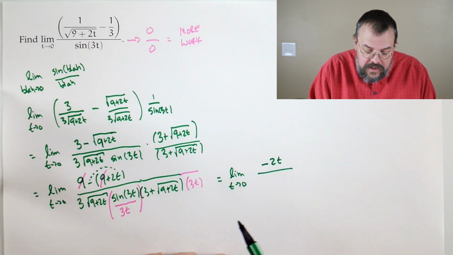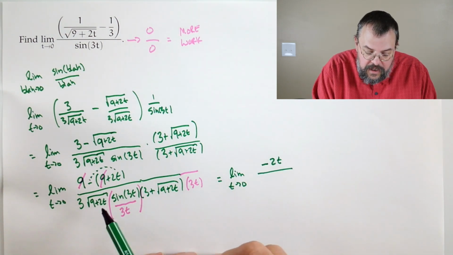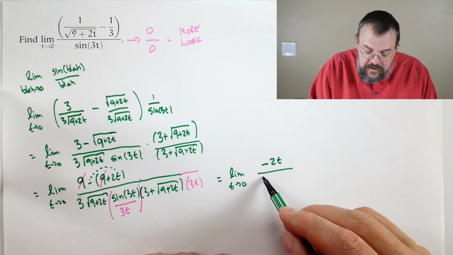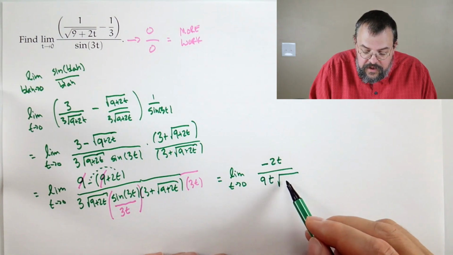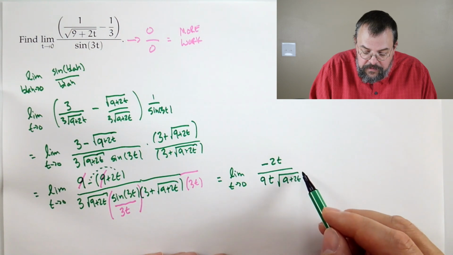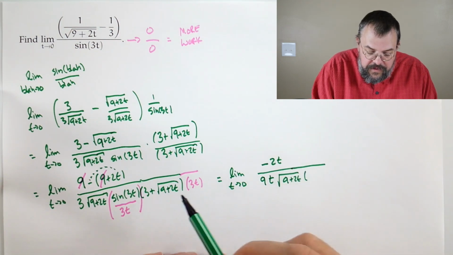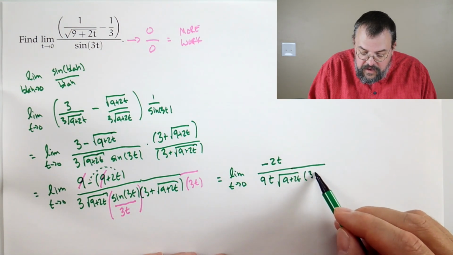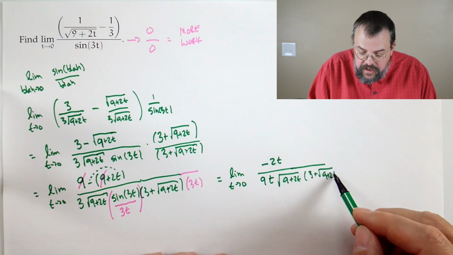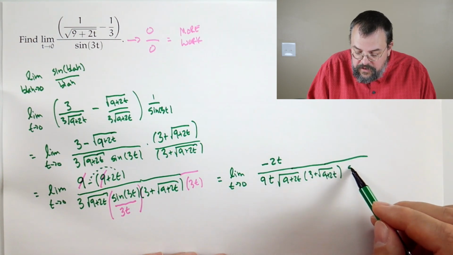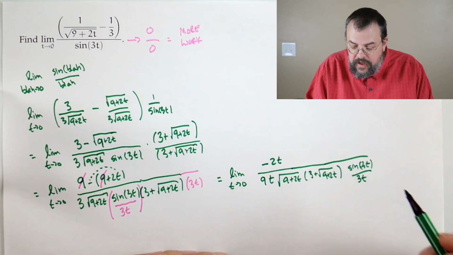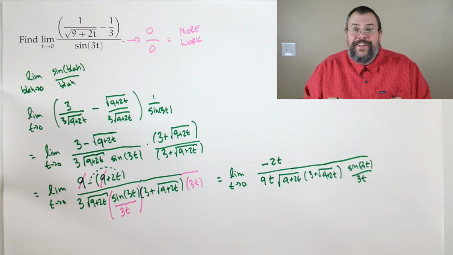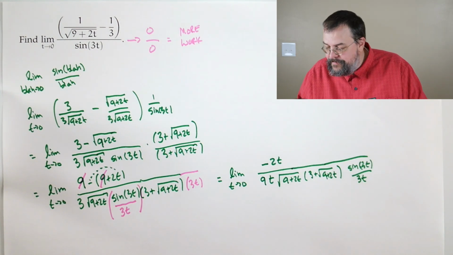Now, downstairs, the 3 and the 3 can combine together, and I'll put that as a 9. I'll go ahead and put the t there. And then we have square root 9 plus 2t. And I'll move this 3 plus square root of 9 plus 2t there. And then, of course, sine of 3t over 3t. Good. We're all there. The gang's all here.